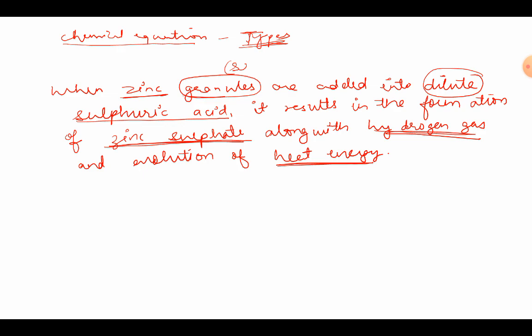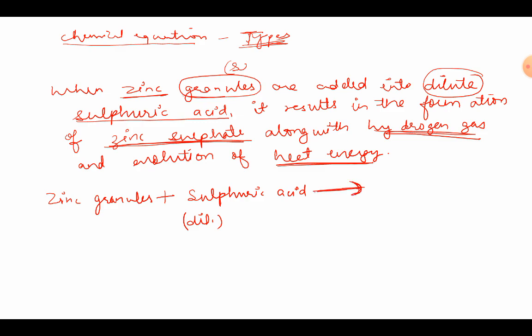So now let us just write that zinc granules react with dilute. We all know dilute can be written in short as DIL. Dilute sulfuric acid, right? And it results in the formation of, so this is the arrowhead.